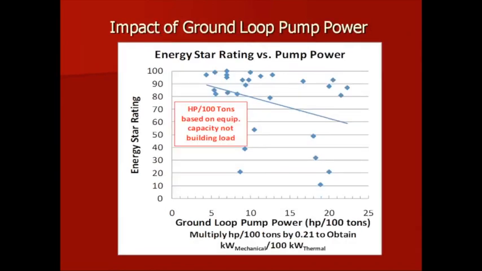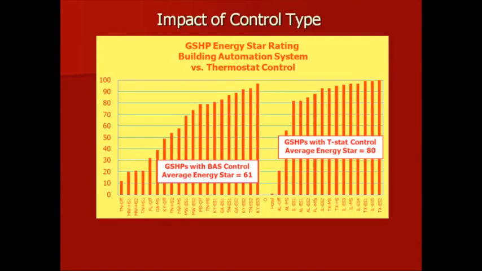Pump power, some effect. I thought it would be more than this, but you can see the Energy Star rating went up with the pump power, which in this case we used the horsepower of the pump per 100 tons. So some effect there with the smaller.